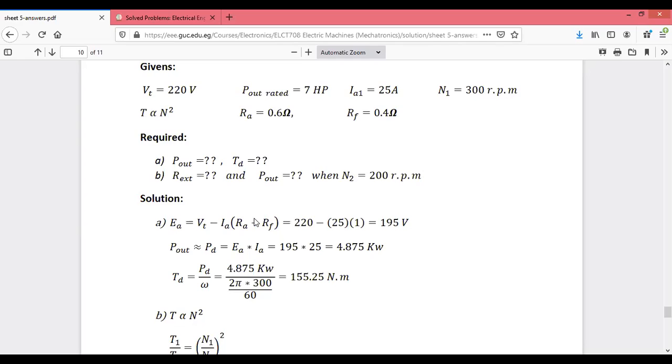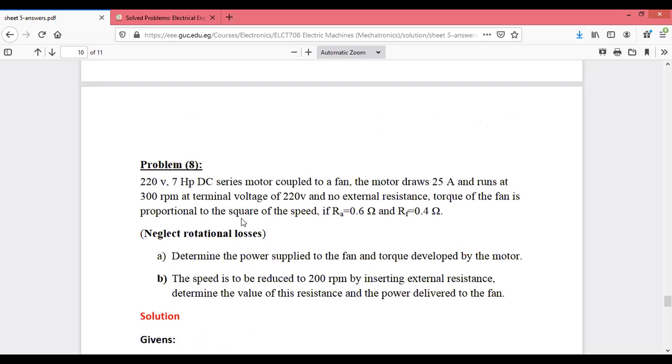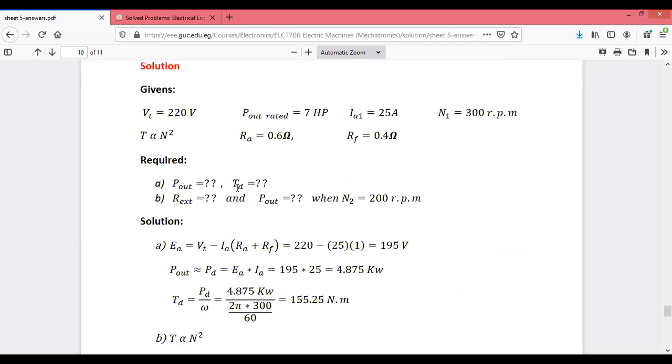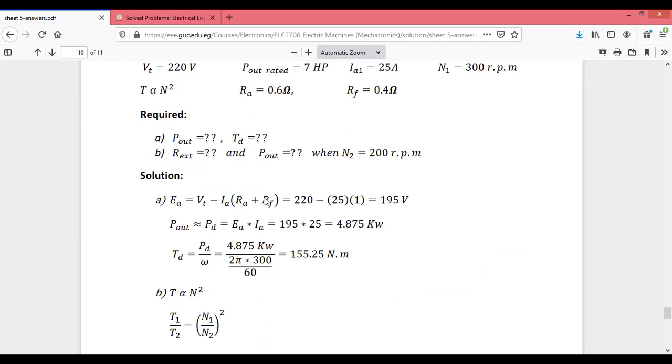Here RF is also coming. Otherwise, we take EA equal to VT minus IA RA. But why does the additional RF come here? Because this is a DC series motor, so we are supposed to consider both resistors. All values are available, so if you put these values, you will get the value for EA.